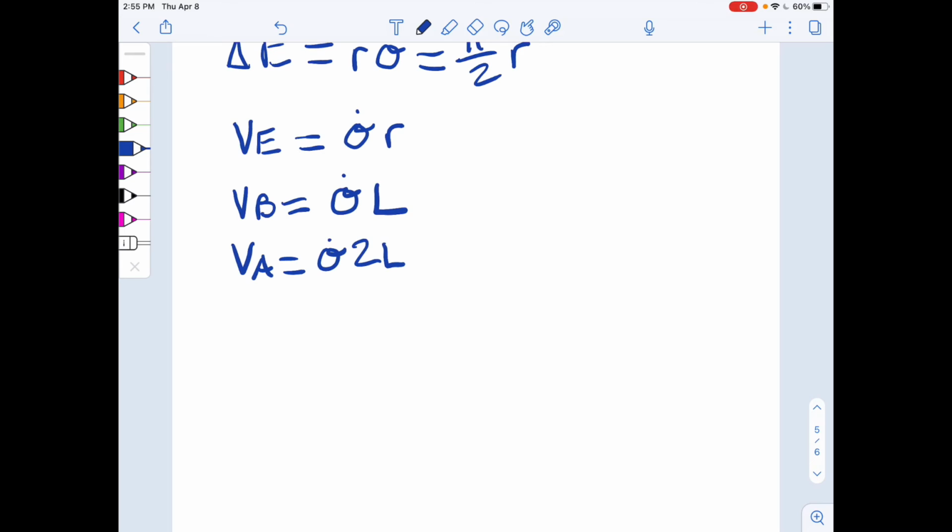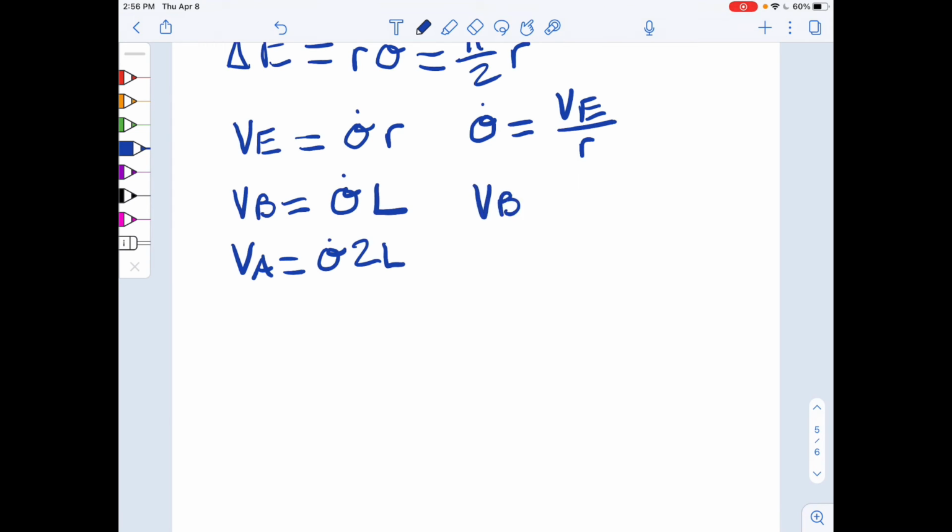So then solving for all of these to plug back into our work energy equation, we have just VE in the work energy equation. We're going to have to solve for theta dot right here. So it's going to be VE over R. And then we can solve symbolically for VB and VA, when we plug in theta dot to each one of these, to have all the terms in terms of VE.